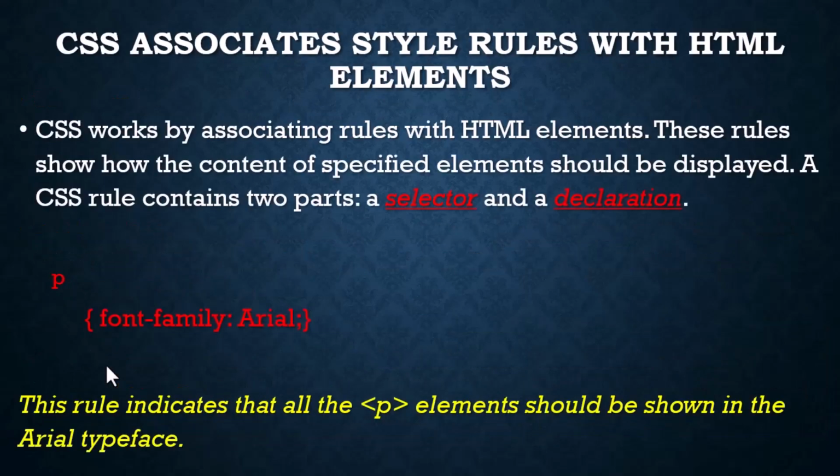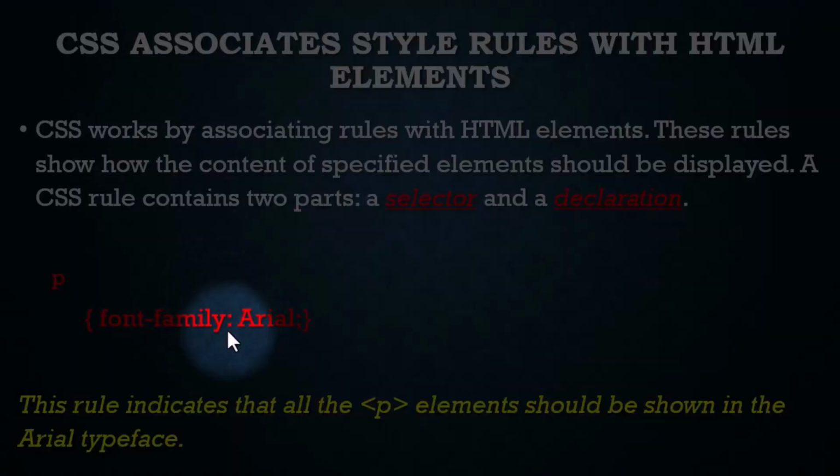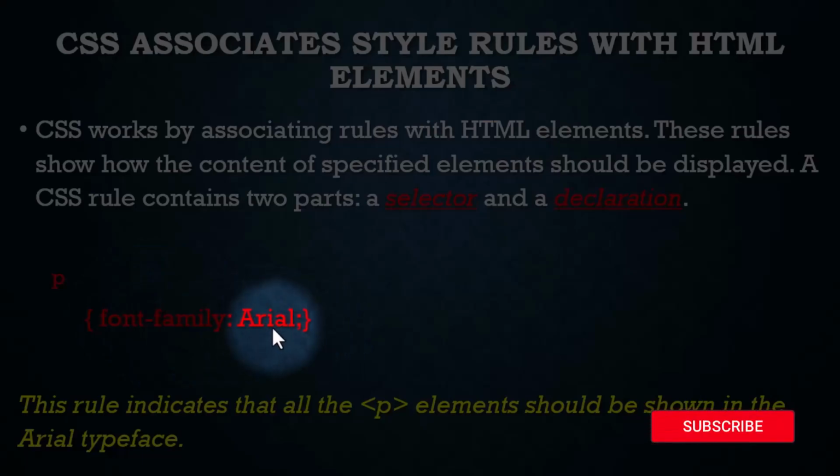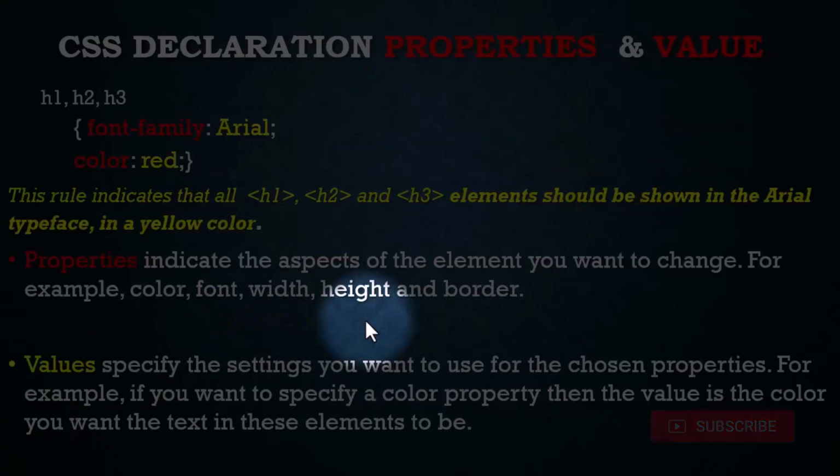Let me go back to explain using this code. Now the property is font family, okay, and there's a colon just at the end. This is the property, and this is the value of the property, okay, the value that is being given to this property.